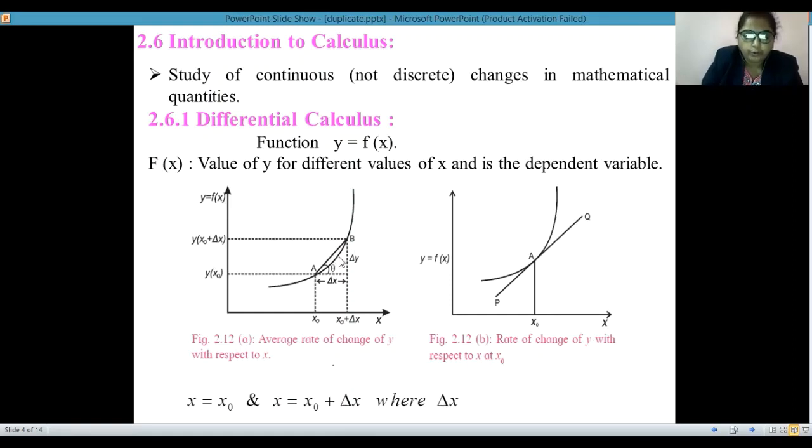The slope of the straight line joining A and B, which is given by tan theta, is equal to delta y by delta x.